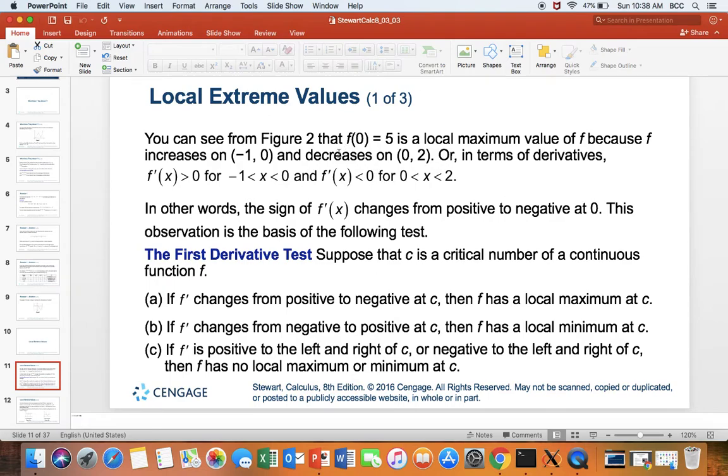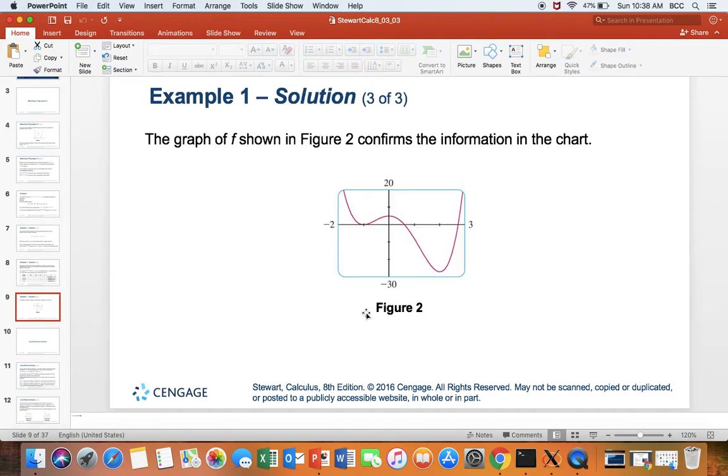Now let's look at figure 2 there. You can see here at -1 you have a local minimum. At 0 you have a local maximum. At 2 you have a local minimum. So what are these numbers if you remember? -1, 0 and 2.